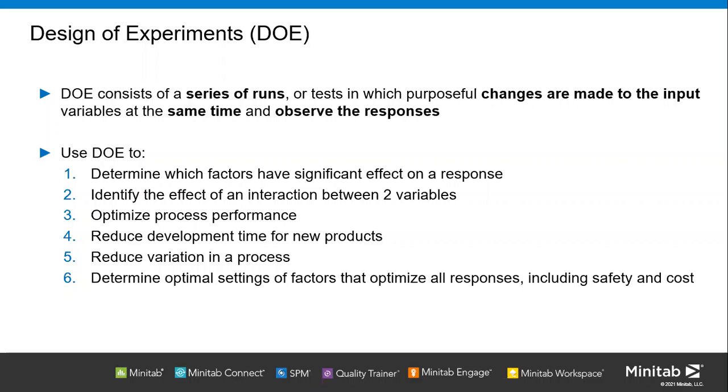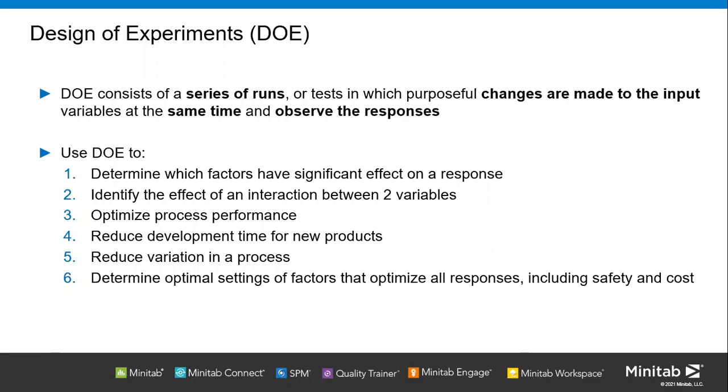So DOE is something you run or do systematically, as a systematic project. We use DOE to determine which factor has a significant effect on the response itself. Maybe you want to identify the effect of the interaction between two variables, optimize the process performance itself, and reduce development time for a new product.